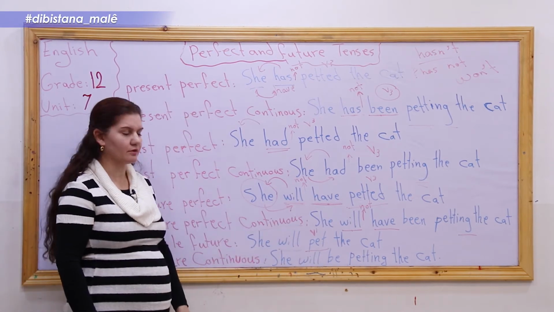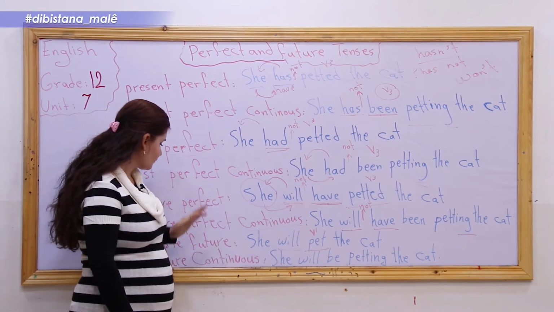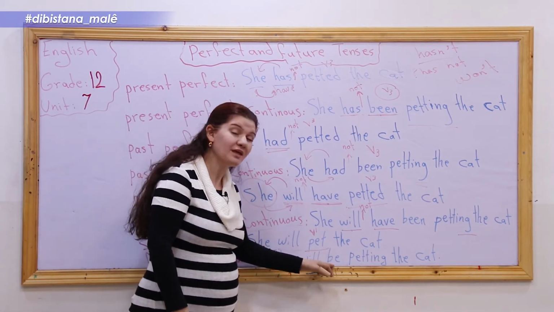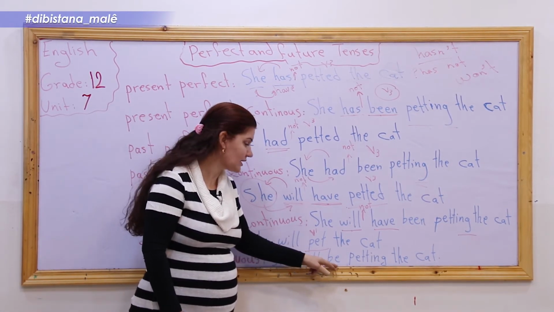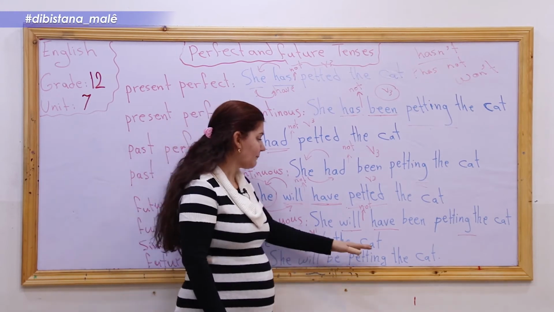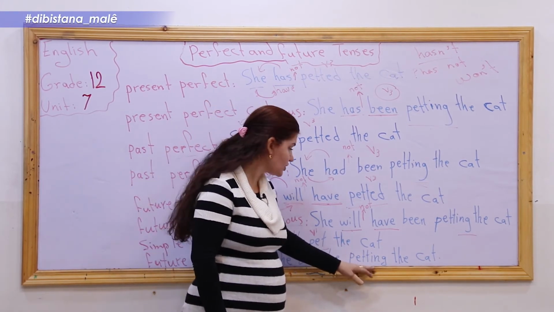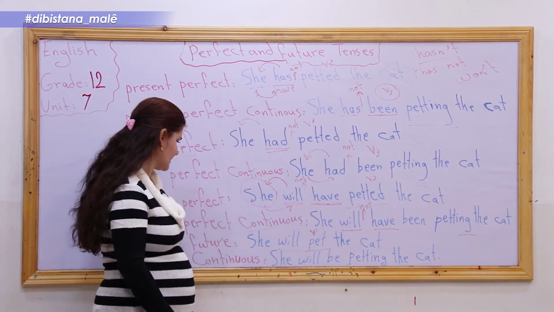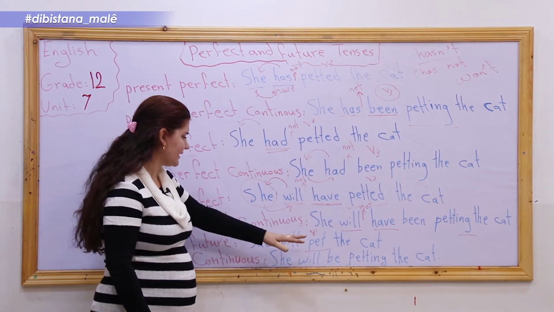What about future continuous? She will be painting the cat, with the main verb with -ing.